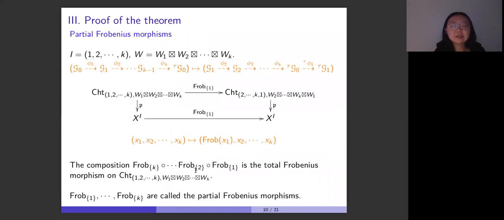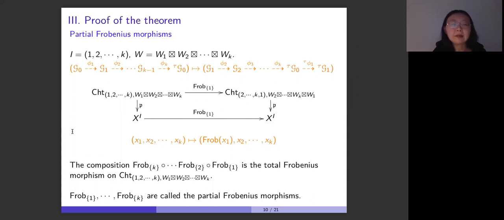To prove the smoothness, we don't use the compactification of the stack of shtukas. Instead, we use a lot of the partial Frobenius morphisms, which are a very important property of the stack of shtukas and their cohomology.